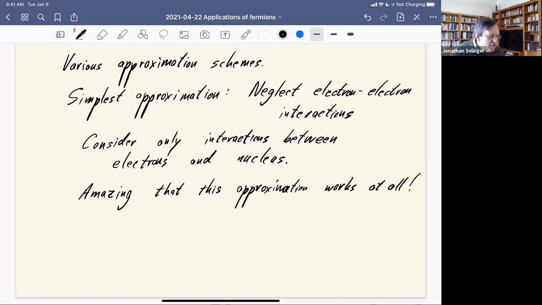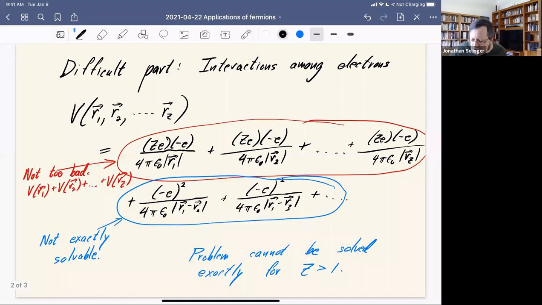Okay, so how does it work? The way you do this is to say each electron feels the same potential, which is the thing that I circled in red over here.